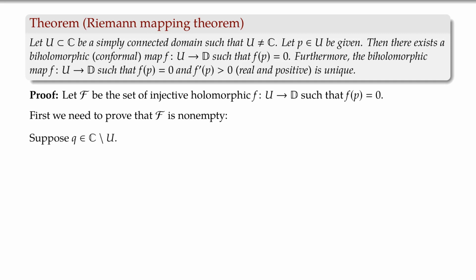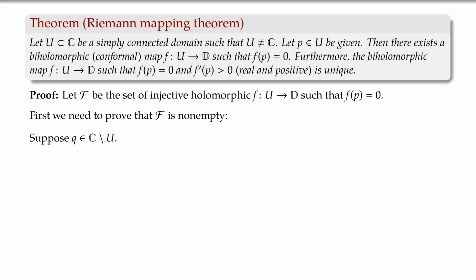So suppose that U is not C, and so there has to exist at least some Q in the complement. Now, if the complement was big, in particular if it contained a disk, then we could do this translation and inversion that would give us a bounded map, so we could make it go into the disk.